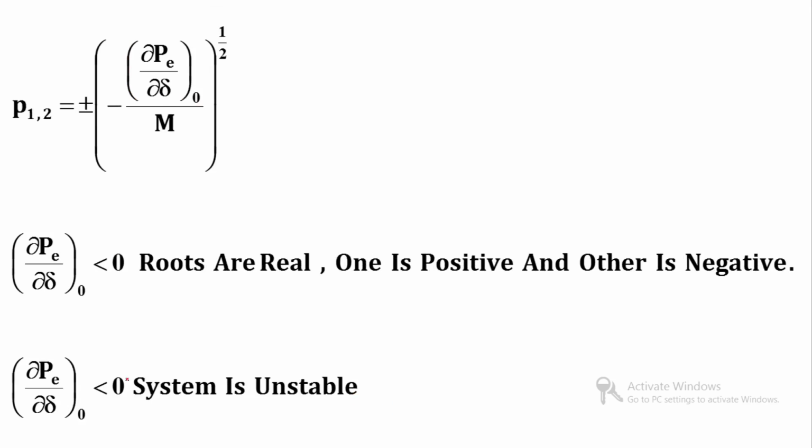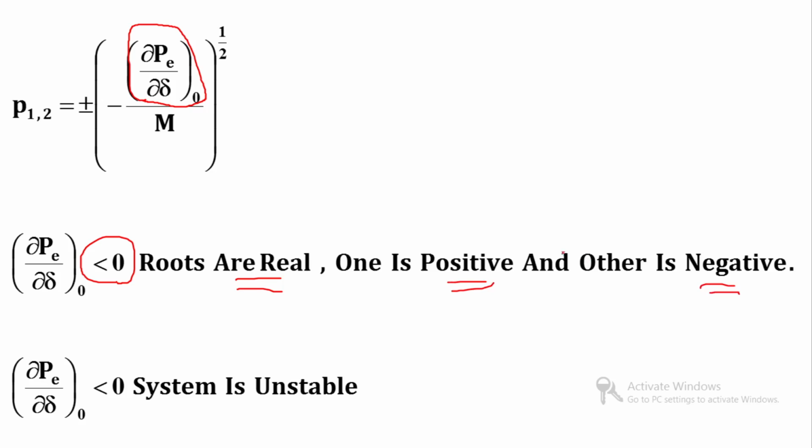Now let's take the other condition, del pe by del delta less than 0. If this term is less than 0, so it is negative, and with the minus sign, minus minus becomes plus. So we can say that the roots are real. The square root has two parts, one positive and the other negative.